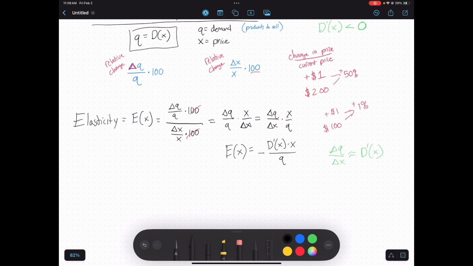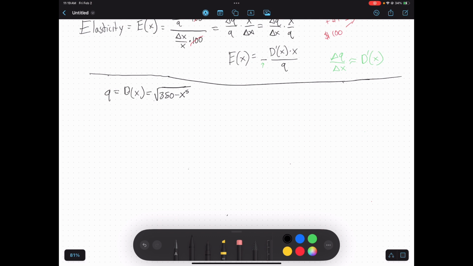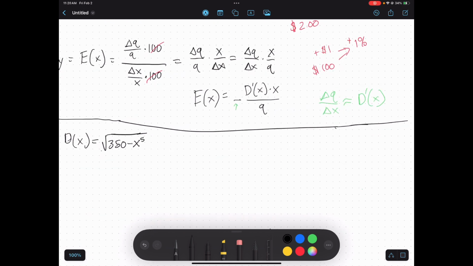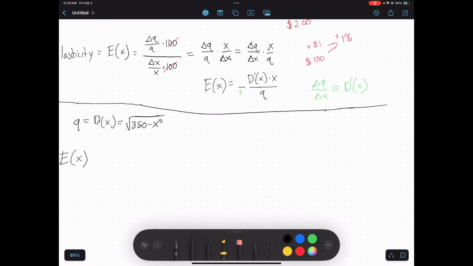So let's look at an example of this. Consider the following demand function. Let's try and calculate the elasticity for this demand function. If I look at my formula, I'm going to need to know the derivative of my demand function.